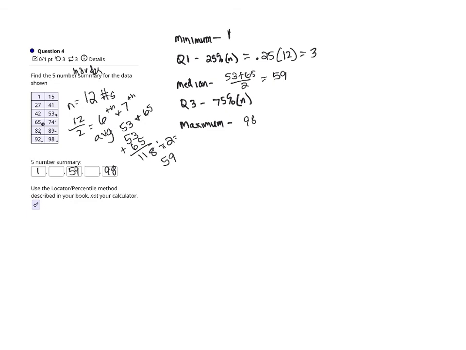Here, you're going to take the third and the next one, the fourth, and average. So 1, 2, 3. The third number is 27, and the fourth number is 41. Then we divide by 2. So 68 divided by 2 equals 34. So our quartile 1 is 34.